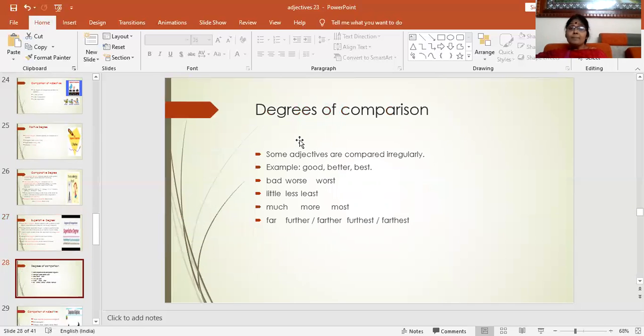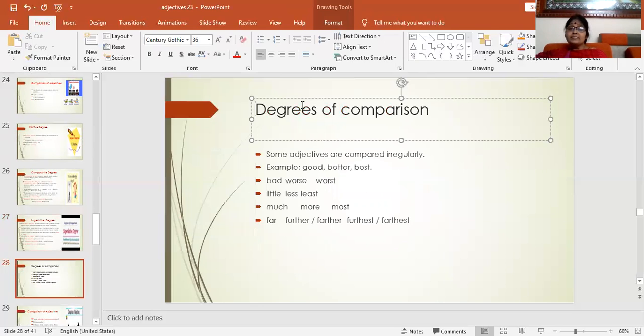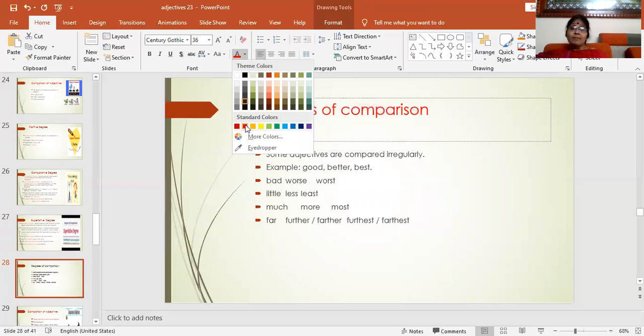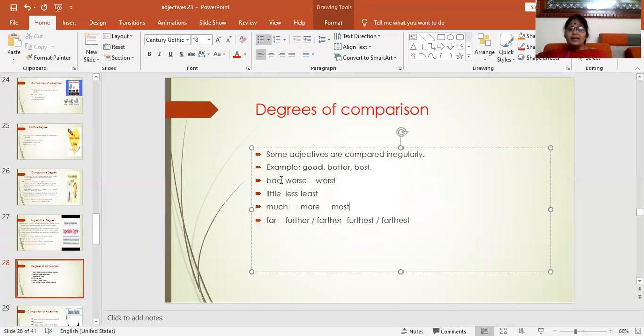Now remember, certain adjectives are compared irregularly. For example, good: you will not say good, gooder, goodest. You will say good, better, best. Bad, worse, worst. Little, less, least.